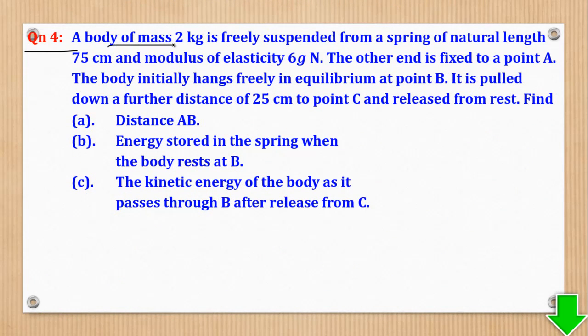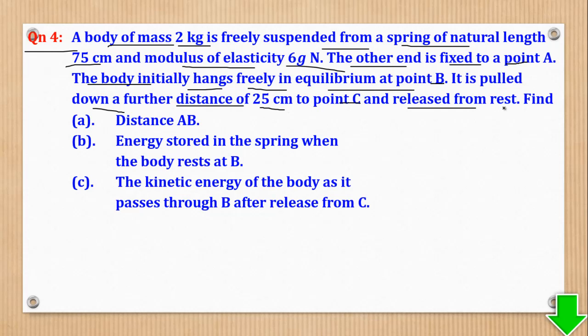Question 4. A body of mass 2 kilograms is freely suspended from a spring of natural length 75 centimeters and modulus of elasticity 6g newtons. The other end is fixed to a point A. The body initially hangs freely in equilibrium at point B. It is pulled down a further distance of 25 centimeters to point C and released from rest.